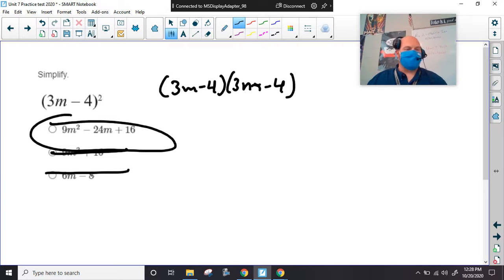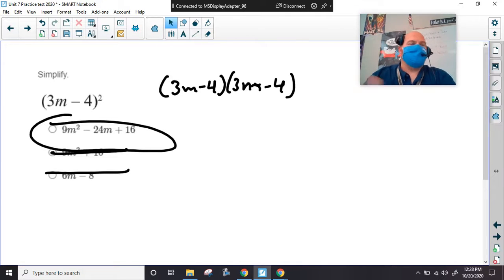That's the big thing. This choice right here, what these people did for this one, this 6m minus 8 choice, they just multiplied 3 times 2 and 4 times 2. A lot of these answer choices that aren't the answers are stuff that students have given us before as answers to problems.